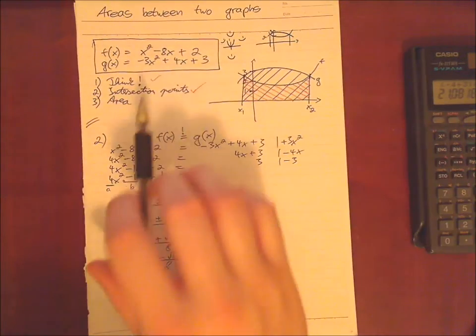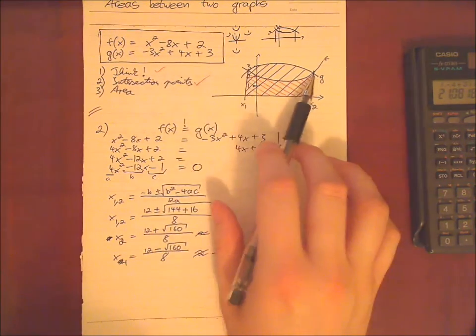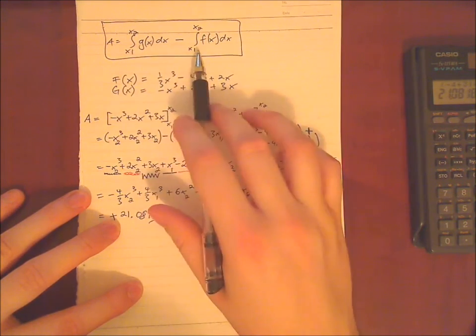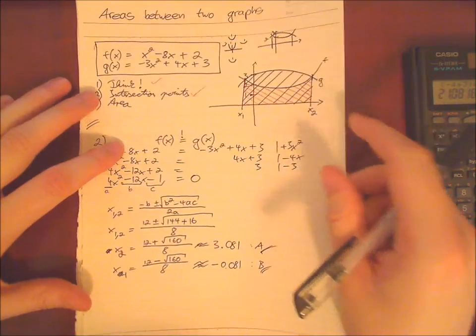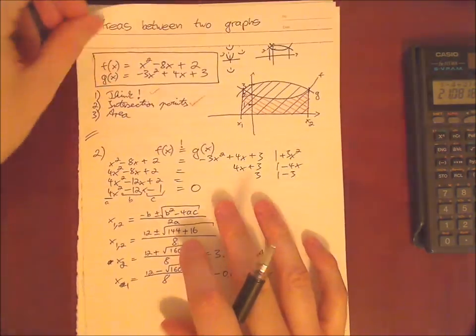And then the second step, calculate the intersection points so that you know the limits, right? Because when I want to calculate the area here, I need limits that I can put into my calculation. And then the third step, you can actually calculate the area.